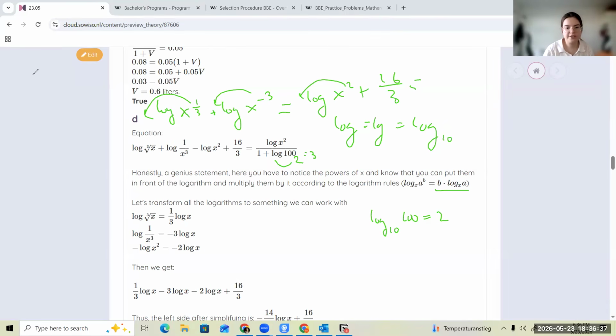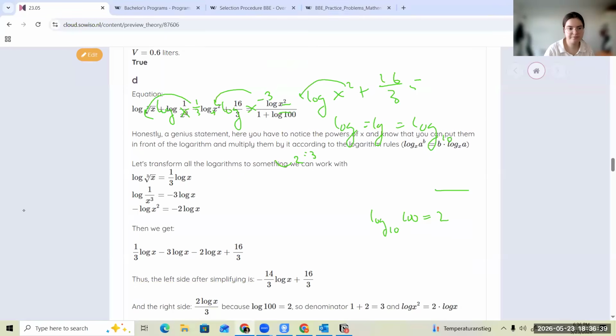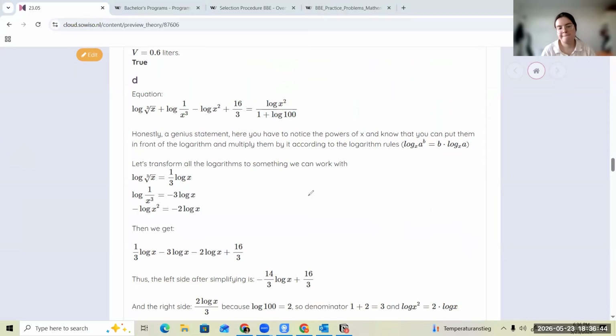Then these are all log of x. You can combine them together. So basically, if you want to multiply it by 3, it's the same thing as -9 and -6. So -14.